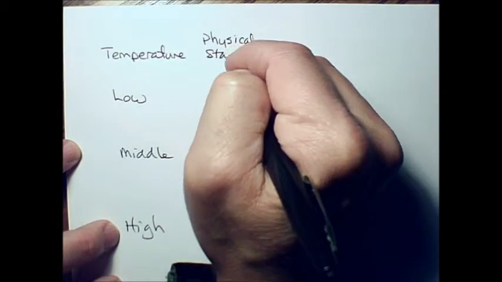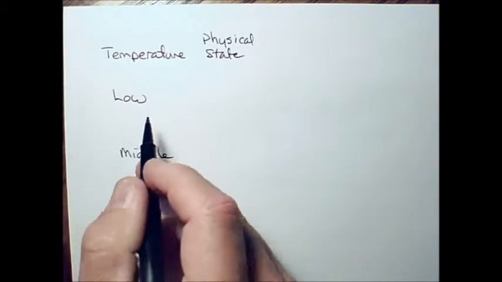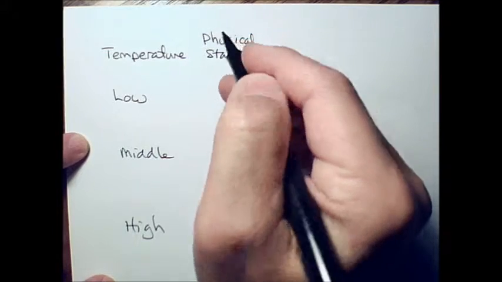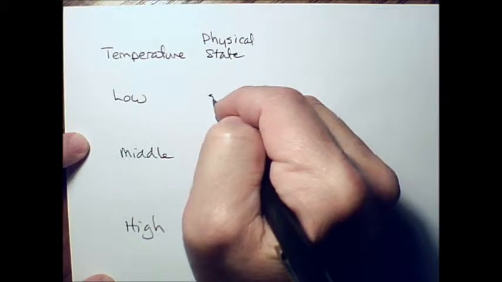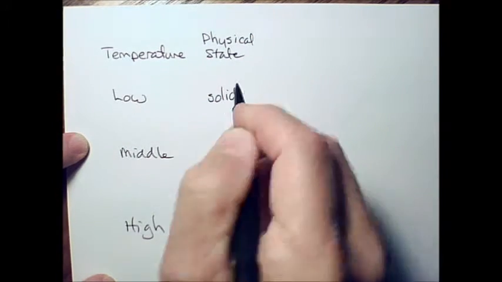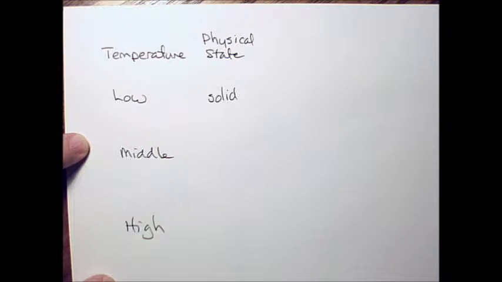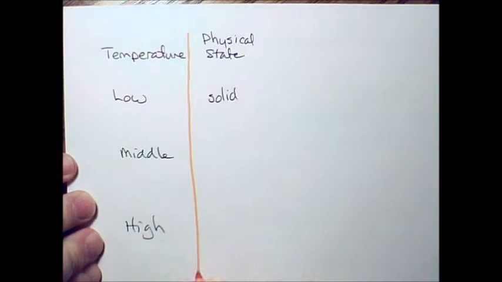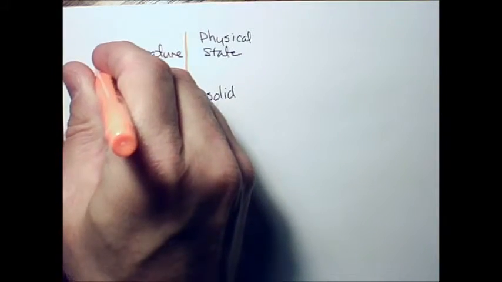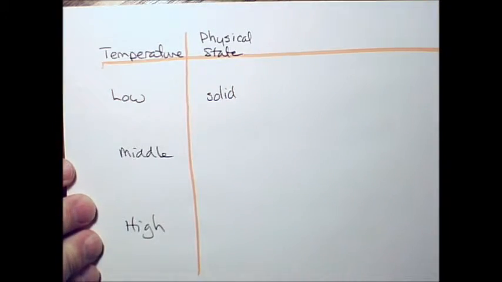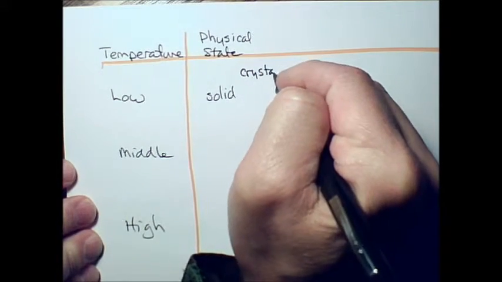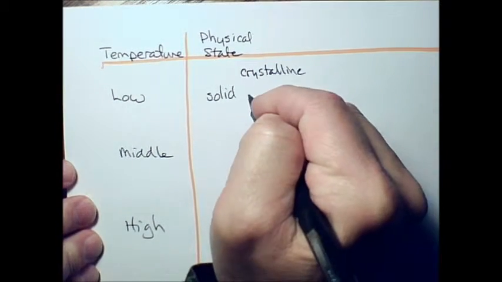As long as the temperature is low enough for a substance, and it would depend on the substance how low it needs to be, you're going to have a solid. We said that solids actually come in two forms. Solids can be crystalline or amorphous.